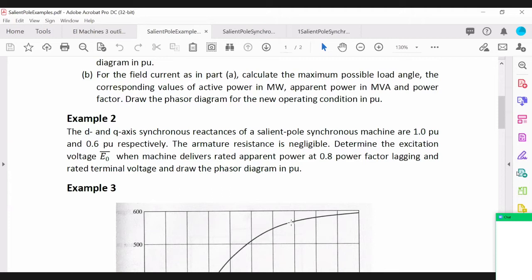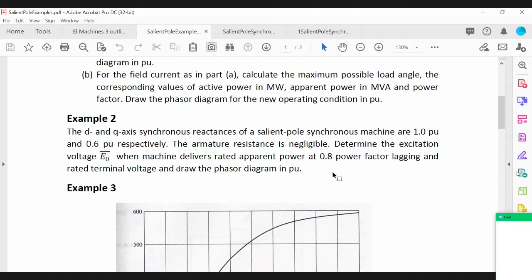If you are given the d-axis and q-axis synchronous reactances in per unit, and without much information, only being given the power factor, right?